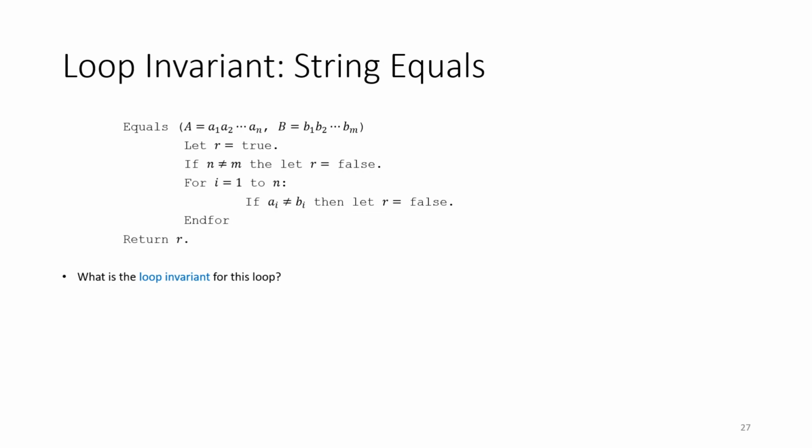So what property of the variables of this algorithm might we want to know more about? Well, let's again focus in. Remember we did this last time. Well, R is the thing that we're going to return.